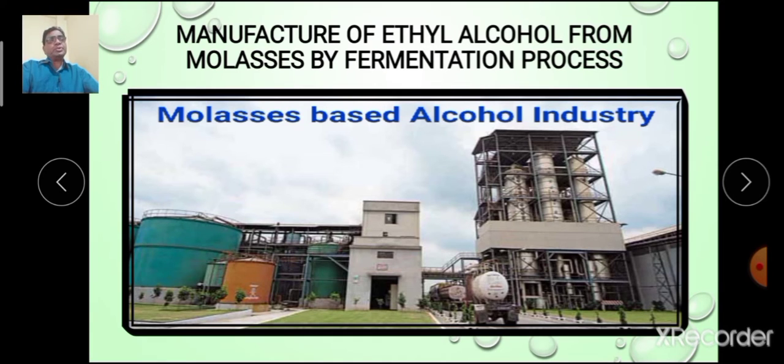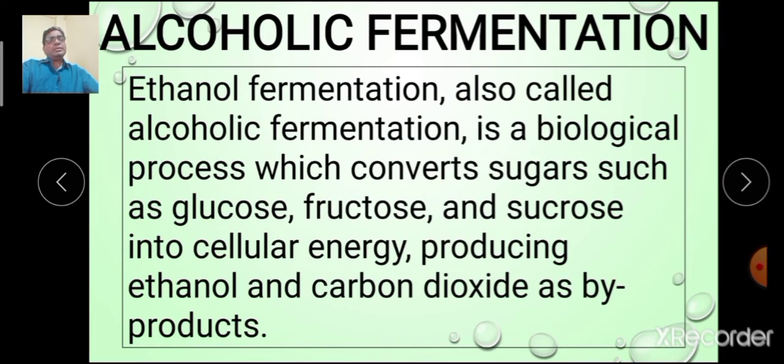The process usually is fermentation process, that is using enzymes. It is also called alcoholic fermentation.